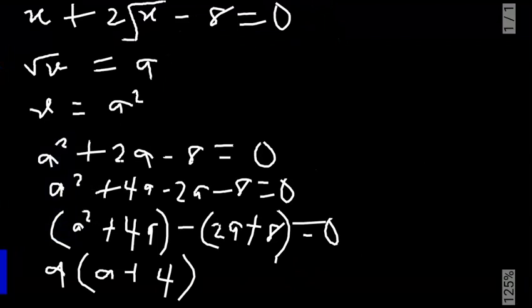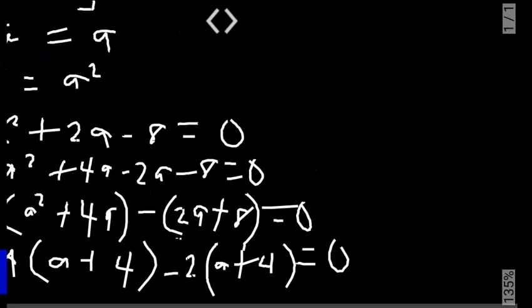So that's correct. Here, what is common? 2 is common. So we have minus 2 as the common factor here, times a plus 4. Minus 2 multiplied by a would give us minus 2a, and minus 2 multiplied by plus 4 would give us minus 8. So that is correct.